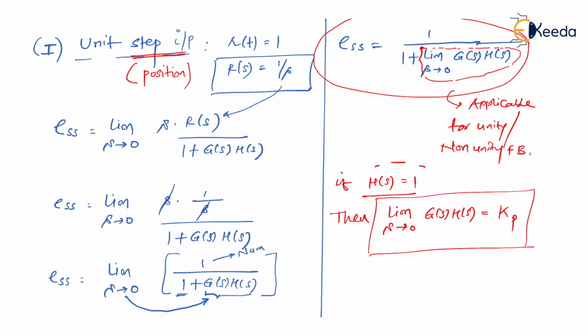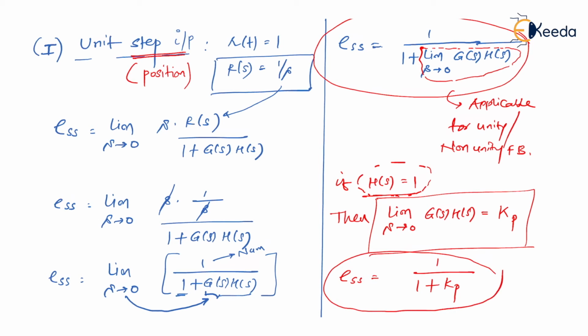Only if, as I said, H(s) equals 1, that is for a unity feedback system, can I say ESS is equal to 1 upon 1 plus Kp. I hope you got the formula. ESS is 1 upon 1 plus Kp. Now this formula is applicable only and only for a unity feedback system, where the limit as s tends to 0 of G(s)H(s) is considered to be Kp. Kp stands for positional error coefficient.